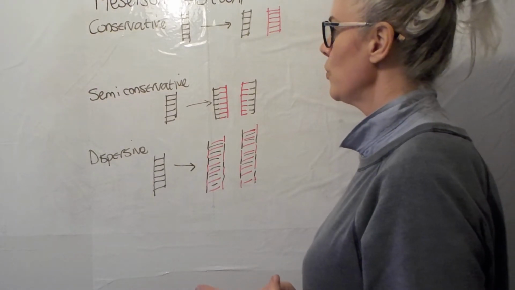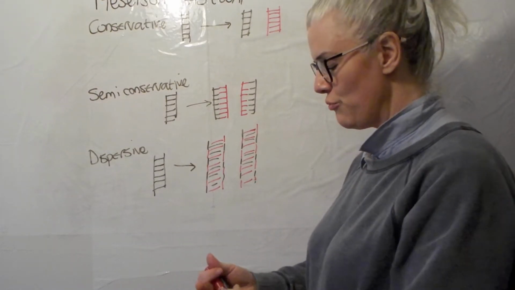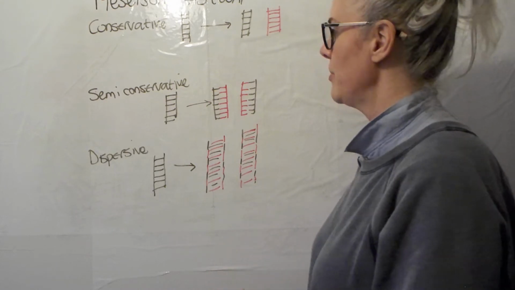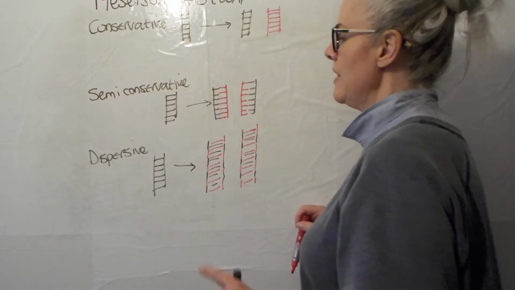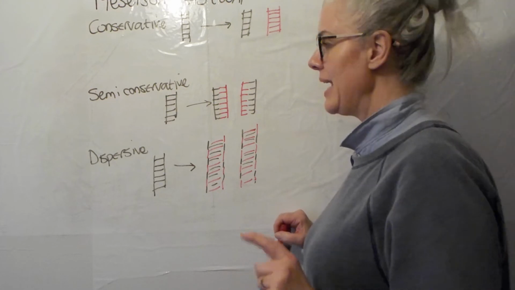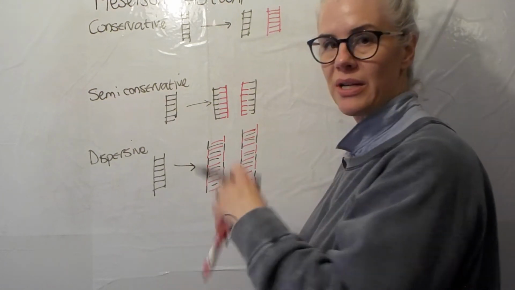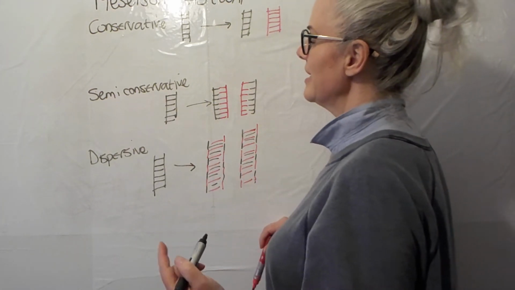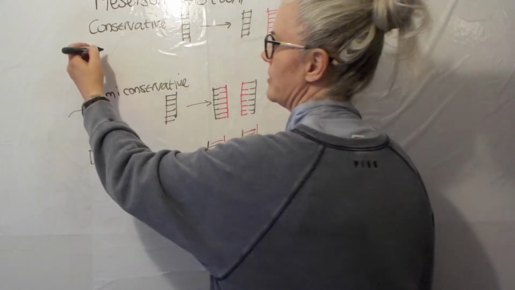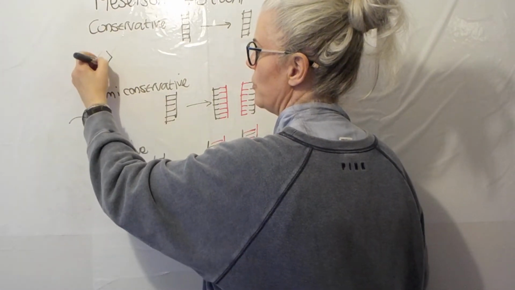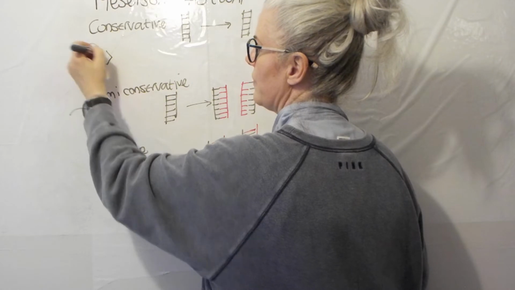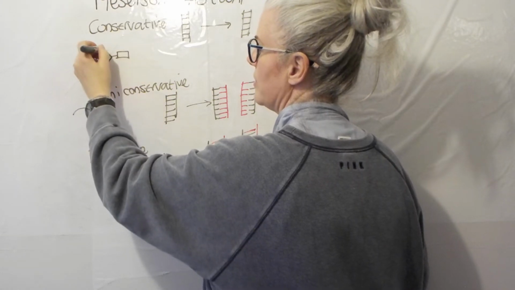So they came up with a really, really good experiment, a really very lovely experiment. It works very, very well. They put some bacteria into medium, so just like a broth, like a liquid, containing nucleotides. So the nucleotides, remember, you've got your sugar with your phosphate and you've got your nucleotide base.